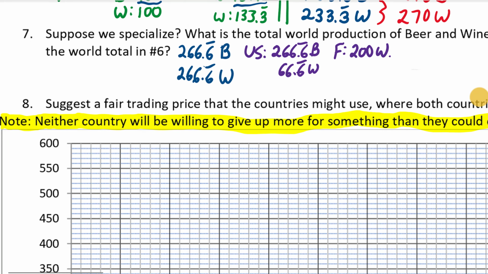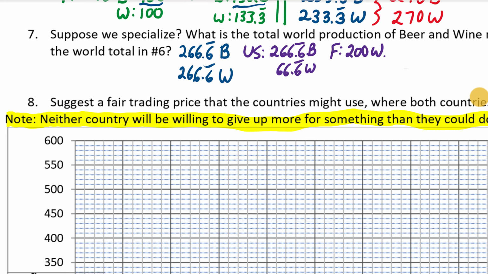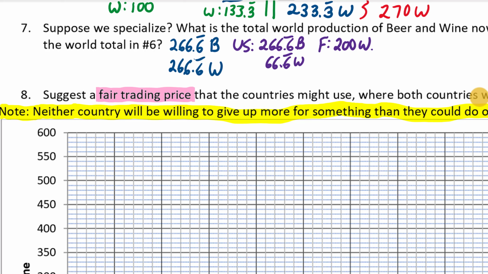And if we go with that fair trading price that we talked about earlier, where the idea would be that the United States would send 3 barrels of beer for every 2 barrels of wine that they receive. In other words, at the rate of 1 barrel of beer they give up, they get 2/3 of a barrel of wine.